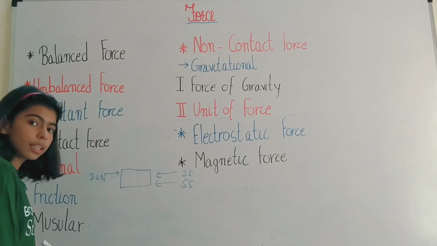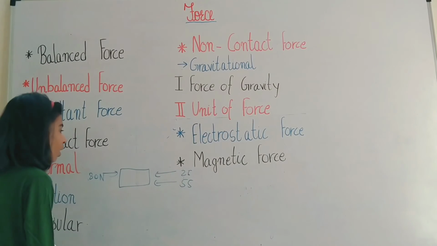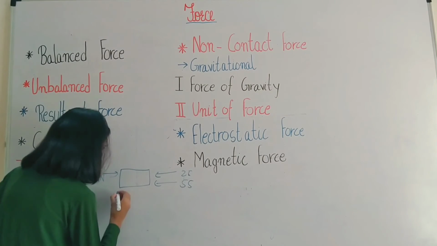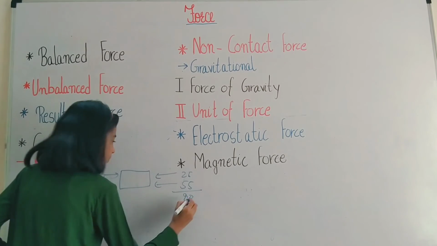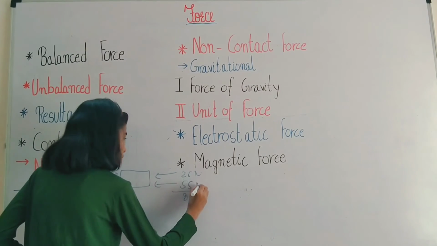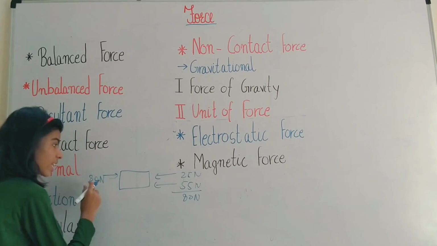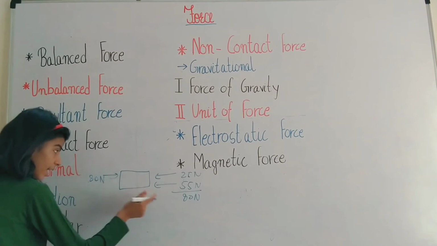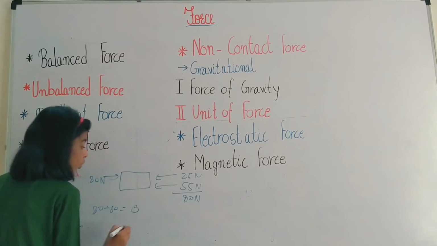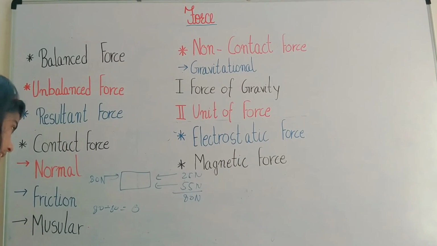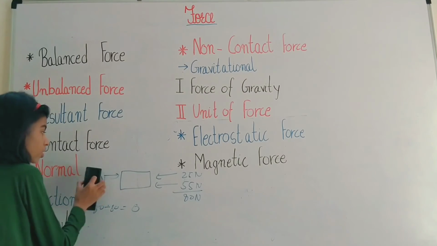So what will be the net force? Here, when we add them, we get 80 Newton. To find the net force, they are in the opposite direction. So 80 minus 80 would be 0 Newton. So friends, the net force here will be 0 Newton.